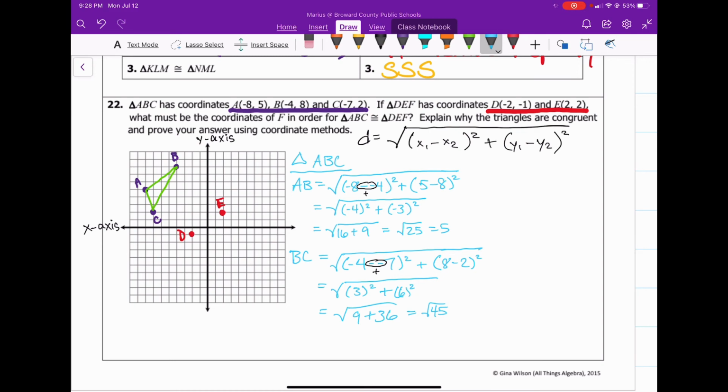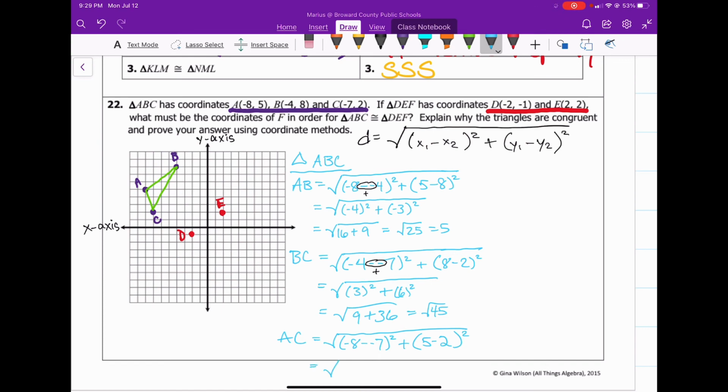Now, the last one we need to do is A to C. That work is going to give us the square root of negative 8 minus negative 7 squared. Keep making that mistake. Put the negative 7, square it, plus 5 minus 2 squared.